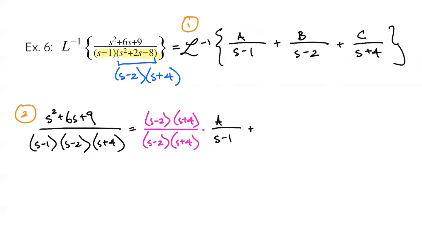Right. I'm going to do the same sort of idea with B. I notice that B has an s minus 2, but it is missing s minus 1 times s plus 4.